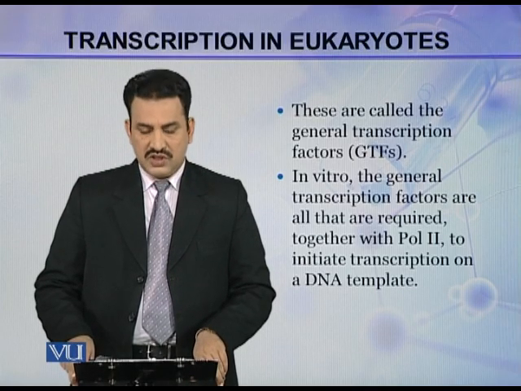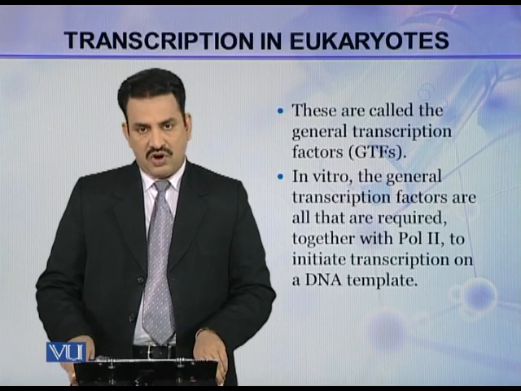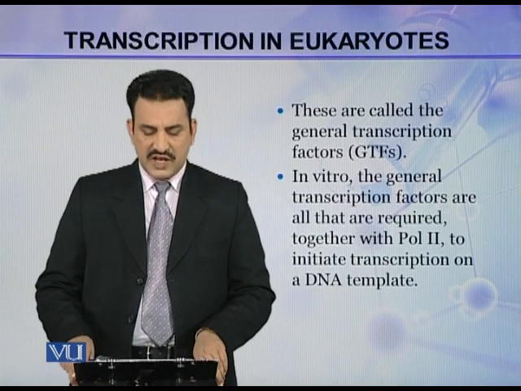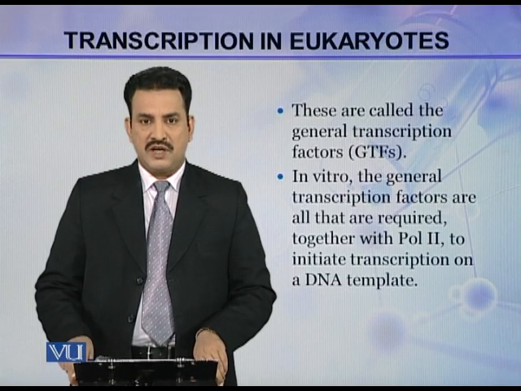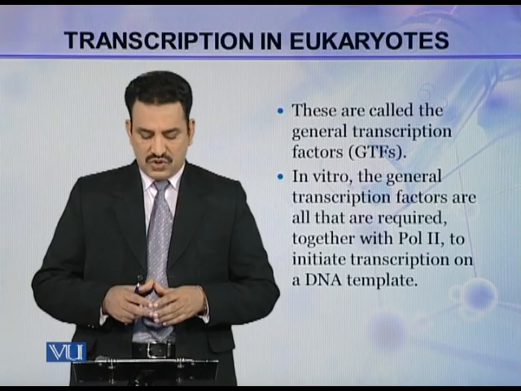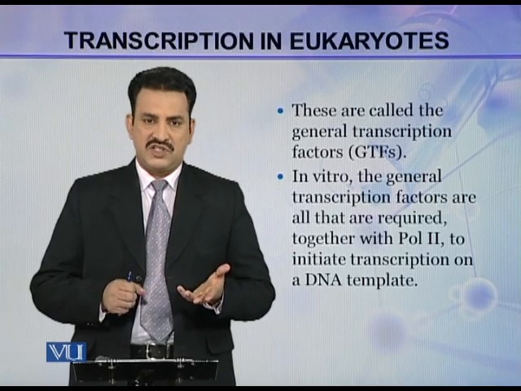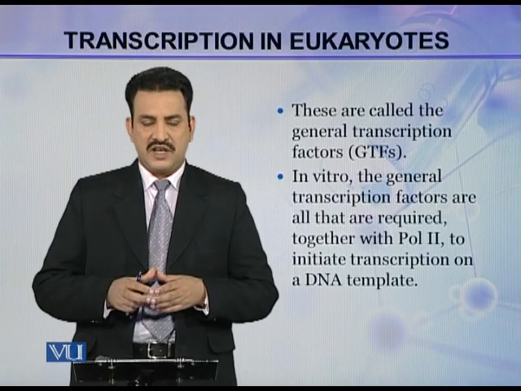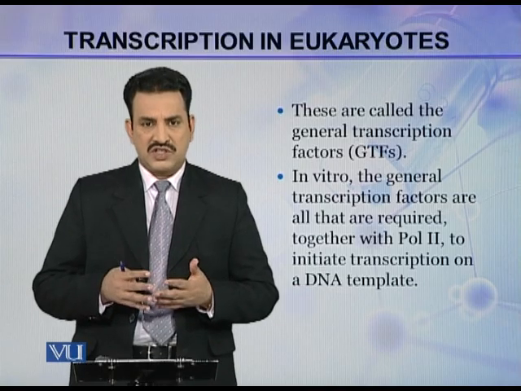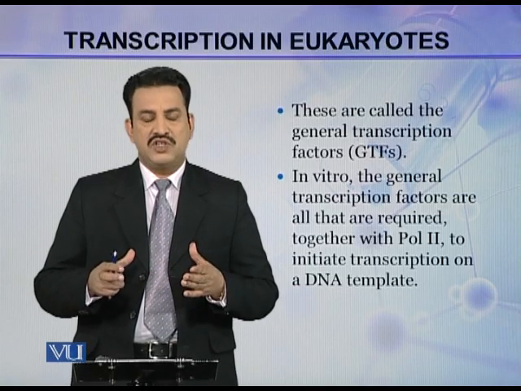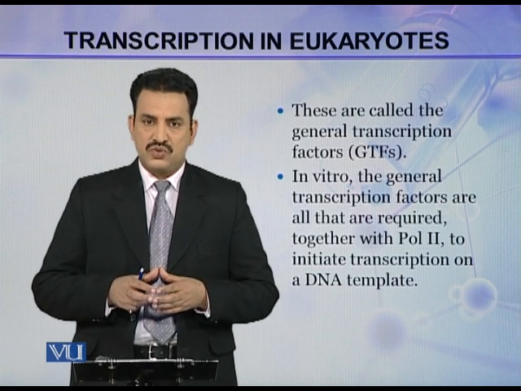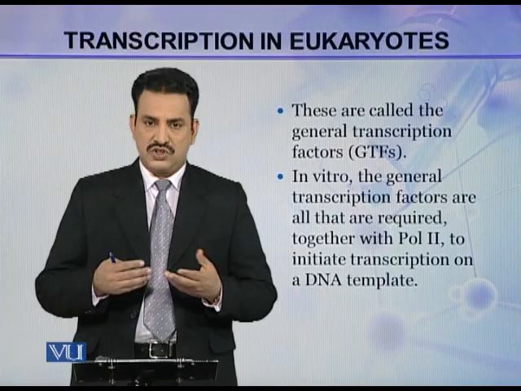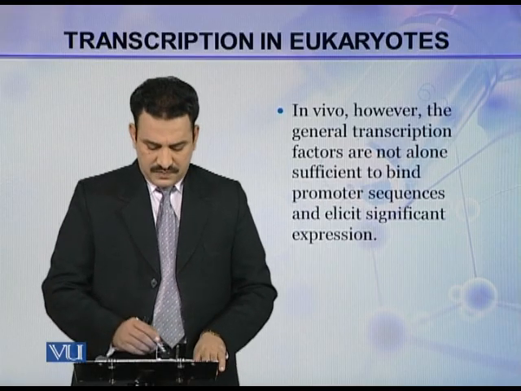In vitro, the general transcription factors are all that are required together with POL2 to initiate transcription on a DNA template. So in vitro, that is out of the cell, if we carry out this transcription, all the general transcription factors plus DNA and RNA polymerase 2 are required for the initiation of polymerization.